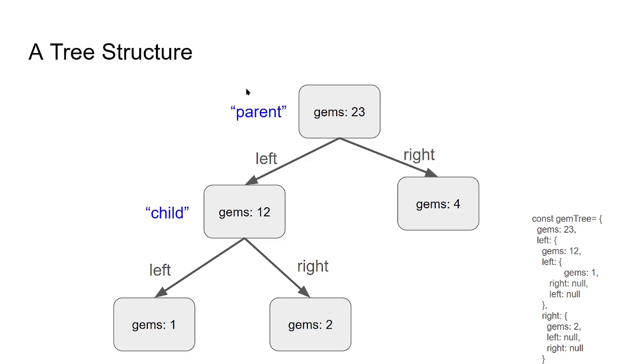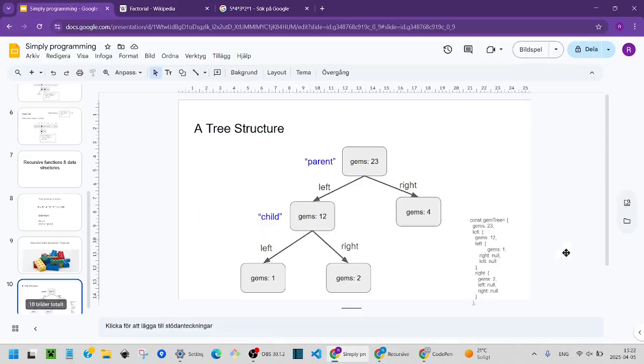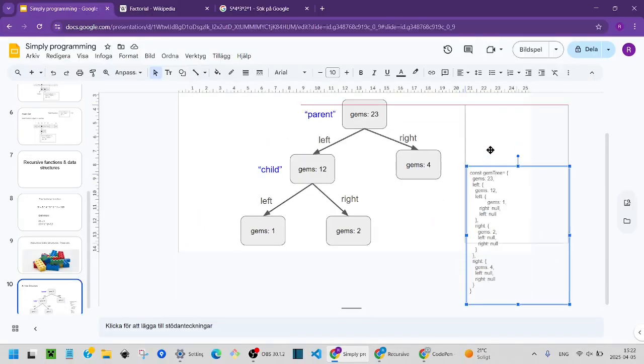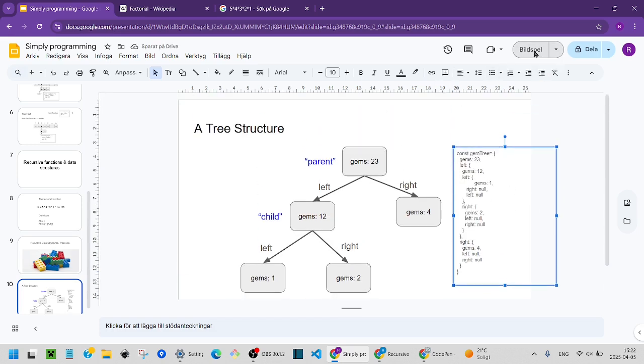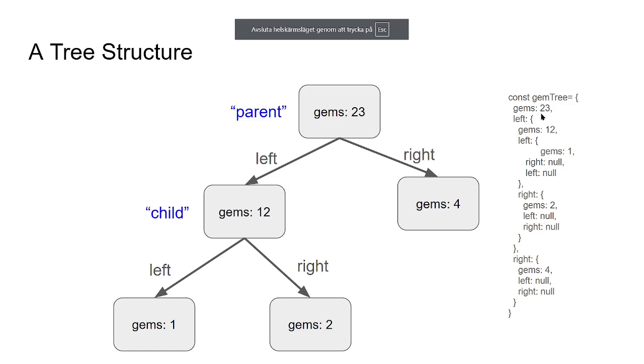In here I just have an example of a gem tree. It's a tree that has gems on the nodes here. You can see we have 1 here, 2 here, 12, 4. In computer science you often have these kinds of data structures. It could be assemblies or something. Here to the right you can see the JSON representation of this tree.